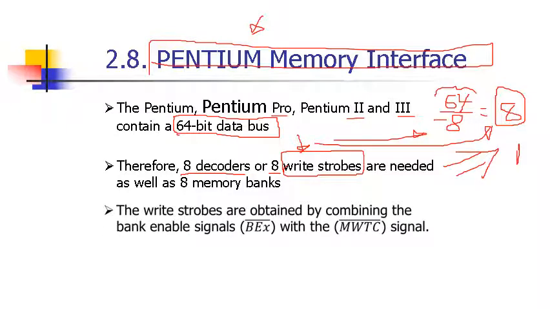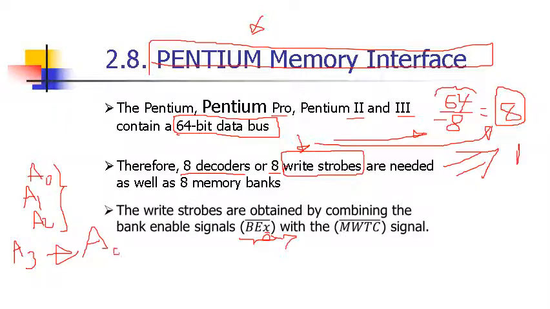All right, so now you need what? You need 8 different bus enable signals. So BE from 0 to 7. This is why now you use A0, A1, and A2 of your address bus. So you start connecting A3 to A0 of your memory, A4 to A1 of your memory, and so on.